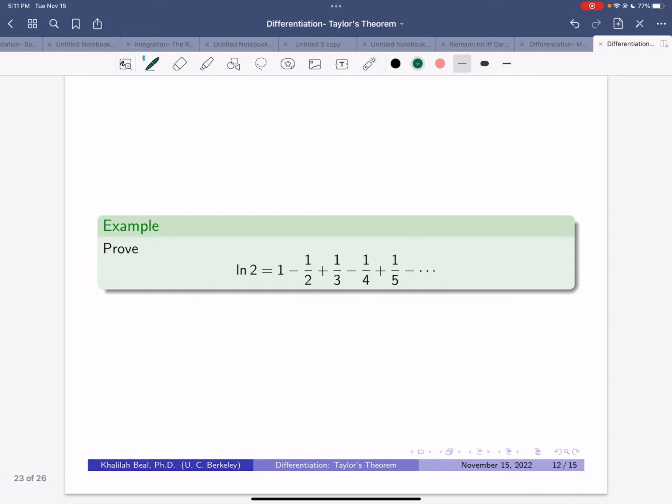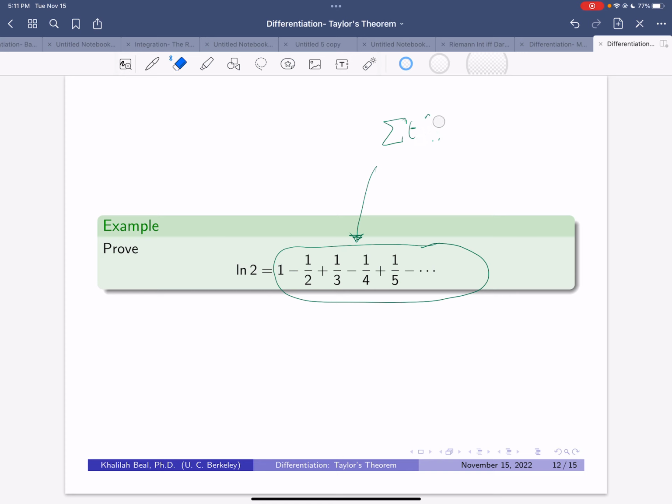All right. And then now here, prove natural log of 2 is 1 minus 1 over 2 plus 1 over 3 minus 1 over 4 plus 1 over 5. And this looks a lot like, here's the approach, some power series. So this looks like the sum of maybe something like 1 over n and then negative 1 to the n.